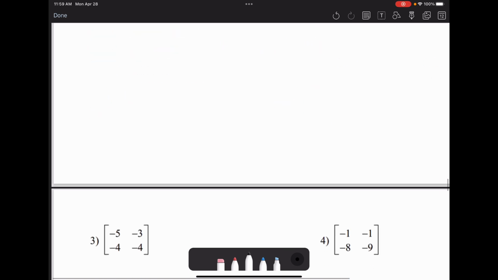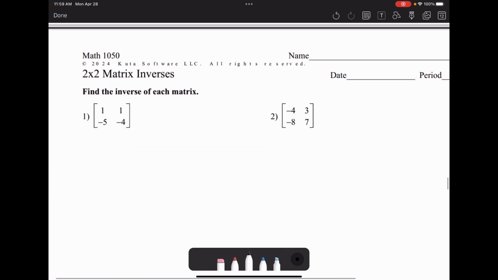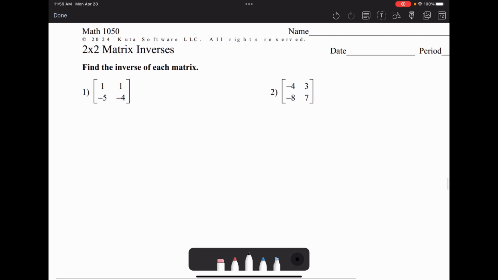Okay, so you have this page that has these 4 2 by 2 matrices. I'd like you to pause and try doing the inverse on these 4 and then come back and see if you did it right.